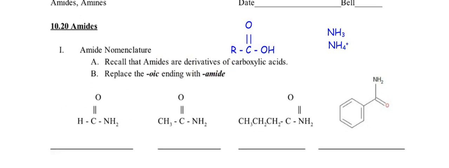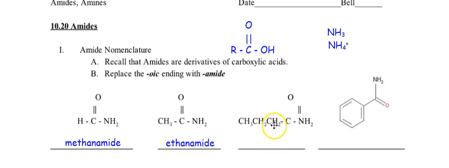So if I were to look at this, this would have been methanoic acid. Well, take off your oic acid and put in amide. So it becomes methanamide. How many carbons are here? 2 carbons. So instead of being ethanoic acid, it will become ethanamide. The double bond should be over by the carbon instead.